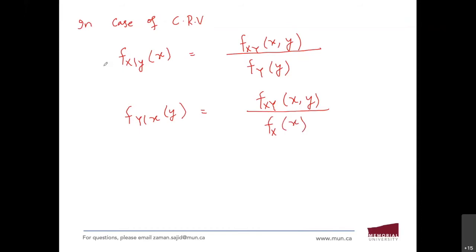Now these two, in terms of continuous random variables, are called the conditional probability density function.